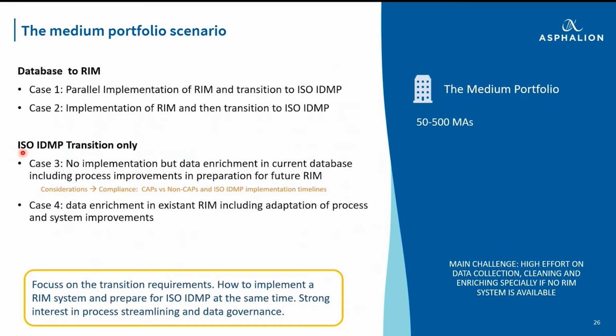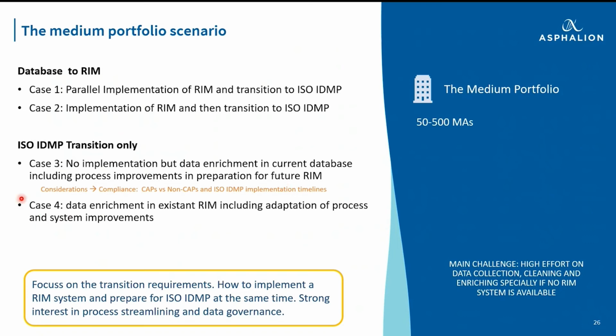And for those with the ISO IDMP transition only, there can be two cases for this medium size. So no implementation, but the data enrichment is done in the current database, including the process improvements, as we saw before, all related as well with the considerations of when they become mandatory.